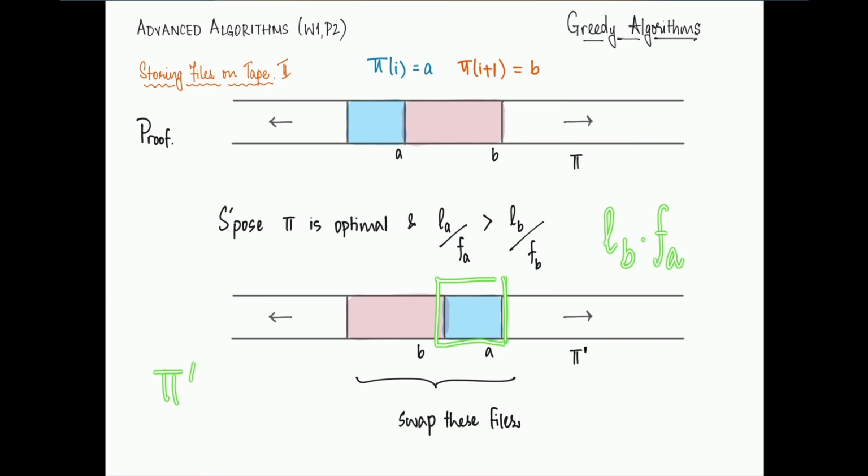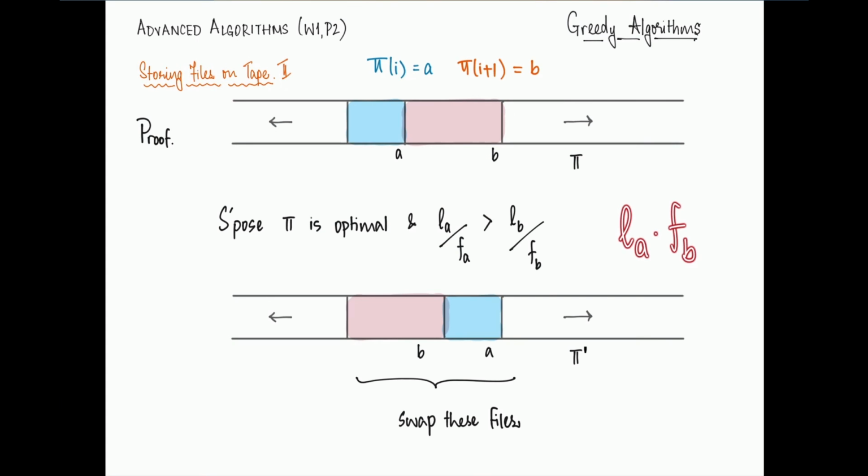On the other hand, a cost that you had to pay previously that you don't have to pay now is the cost LA times FB. So LA times FB represents the amount of hopping that you had to do in pi to access the file B. You access the file B, FB many times, and in each of those accesses you had to hop over the file A, which is something that you don't have to do now.